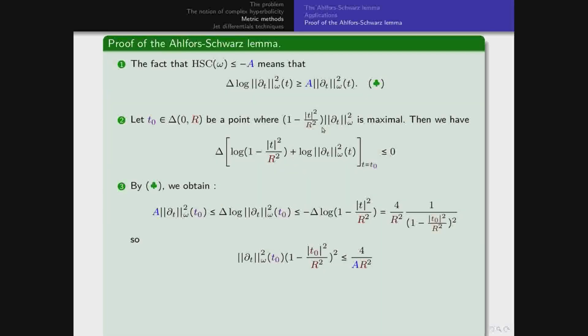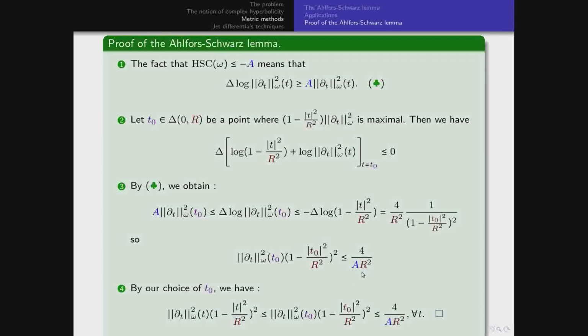So you can now bound from above this quantity everywhere by 4 over a times r squared, and if you pass that to the right, you get your inequality. Okay, so you can pause this slide if you want to check the computations. I think the only thing you would like to check is this equality here. Okay, so let me stop here for the metric methods.